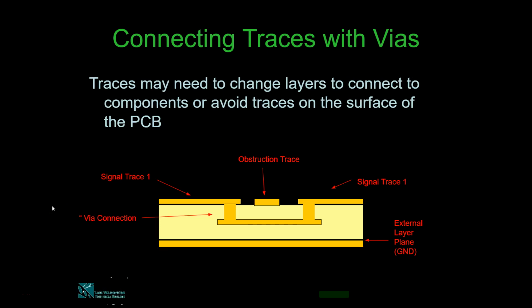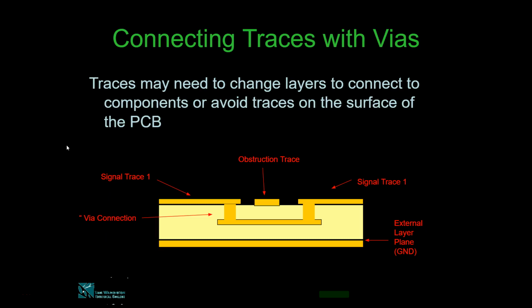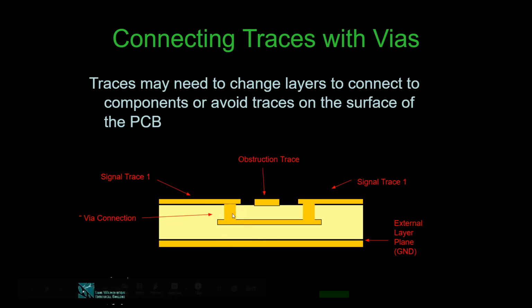Now here, traces may need to change layers to connect to components to avoid traces on the surface of the PCB. So connecting traces with vias. Here you see these are the two vias shown in this PCB structure. Traces should be sized large enough to handle the current expected.